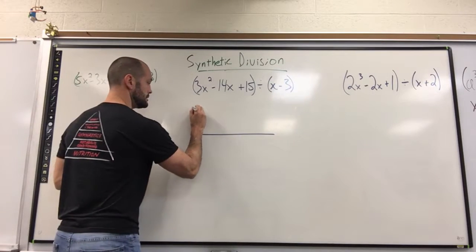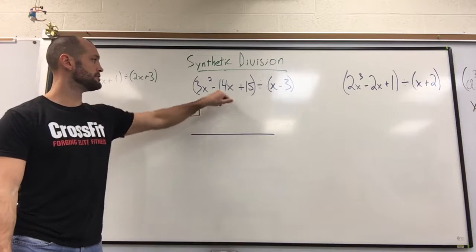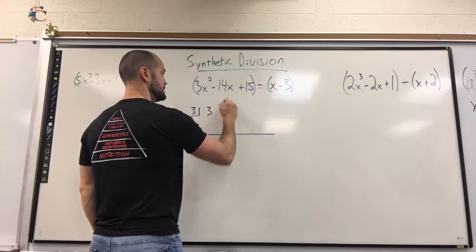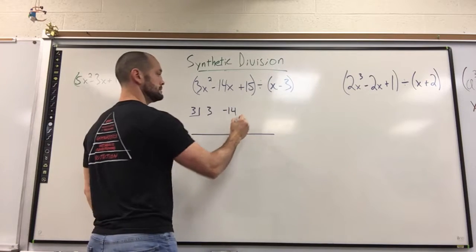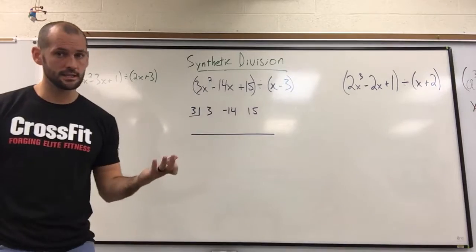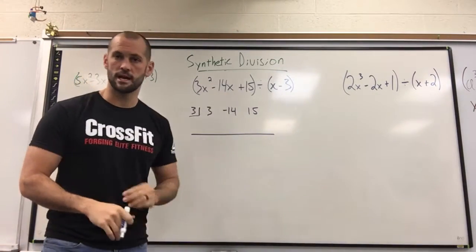The root goes in the box, okay? All your coefficients come down: 3, negative 14, 15. That's the setup. I haven't done anything yet, but that's the setup. The root goes in the box, coefficients come down.